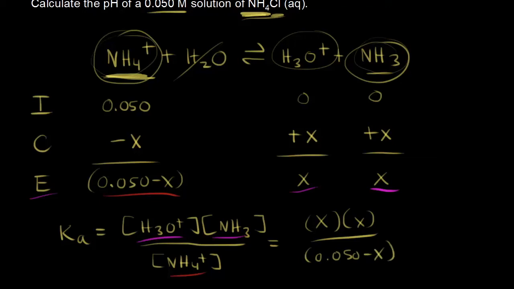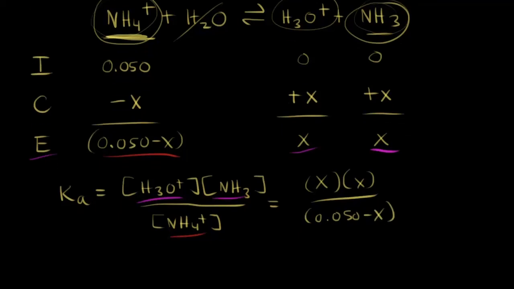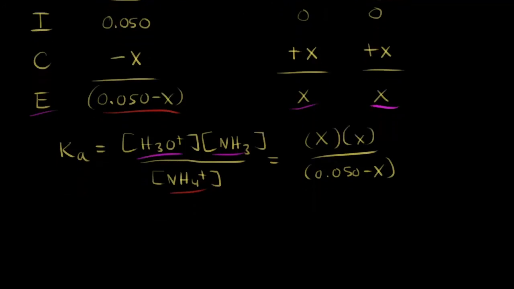Next, we need to think about the Ka value. Finding the Ka for this reaction is usually not something you would find in a table in a textbook. But we know that NH4 plus and NH3 are a conjugate acid-base pair.